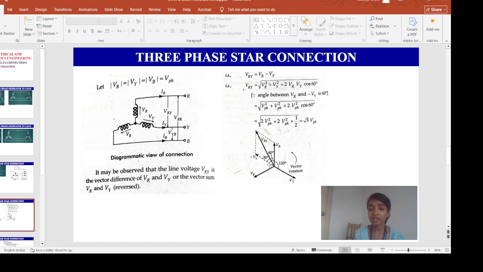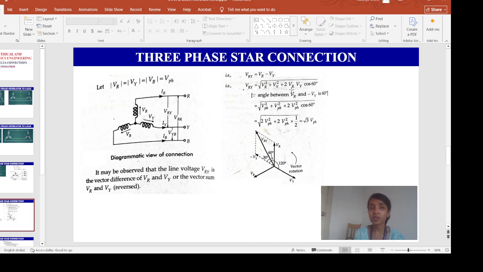If this entire thing is 120, then this is 60, and half of that is 30. That means the angle between VR and minus VY is 60, but the angle between the resultant VRY and minus VY is 30.